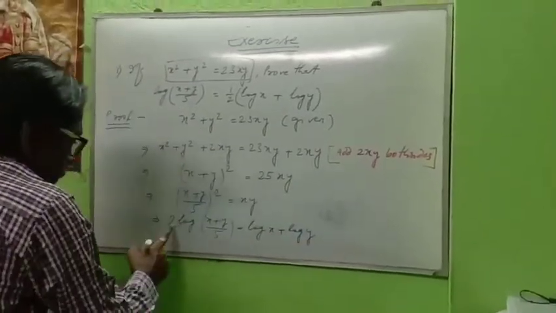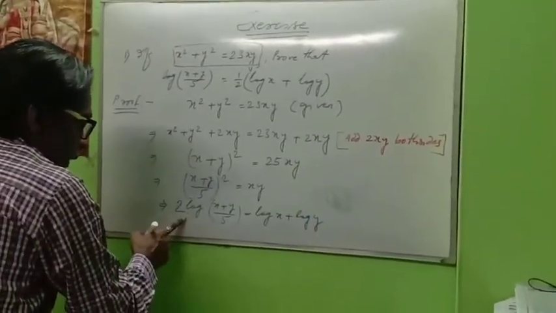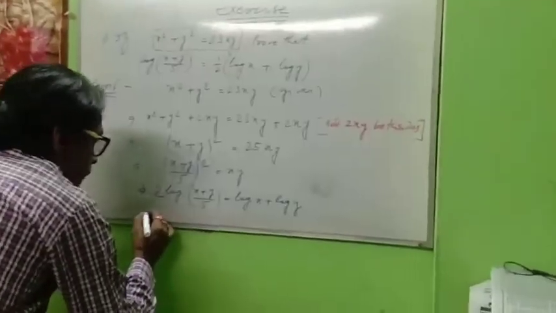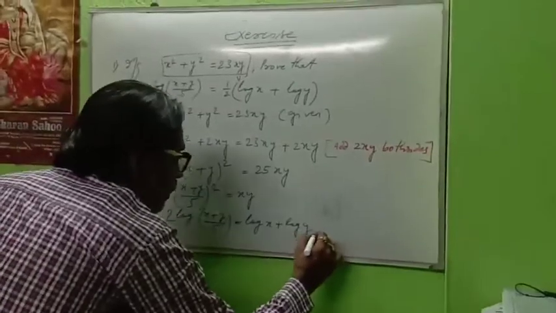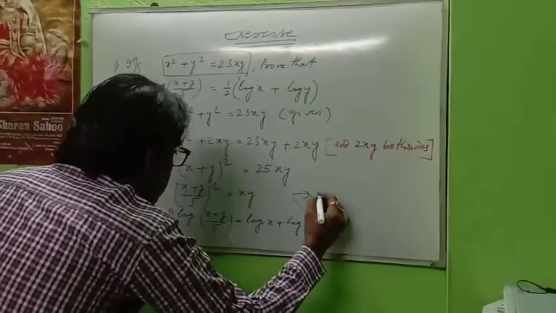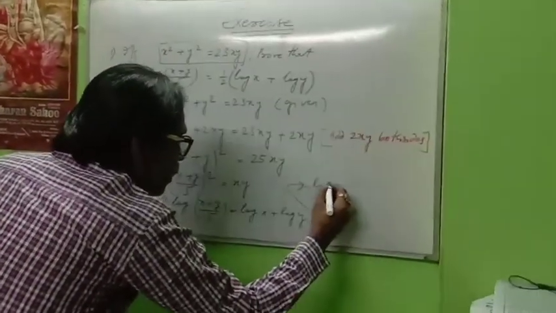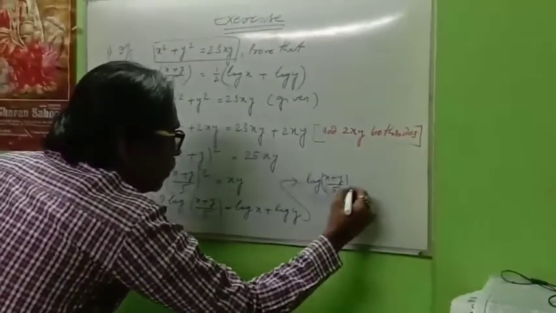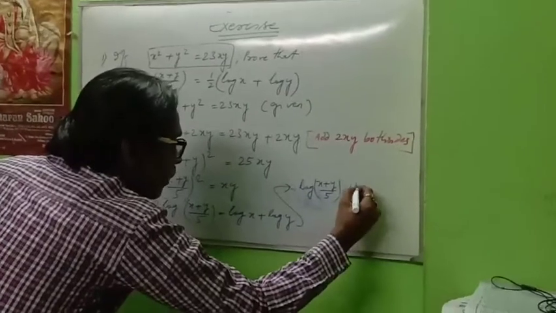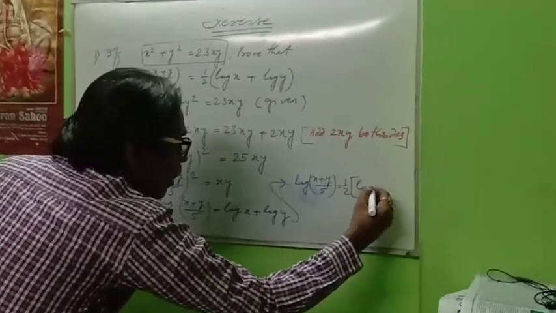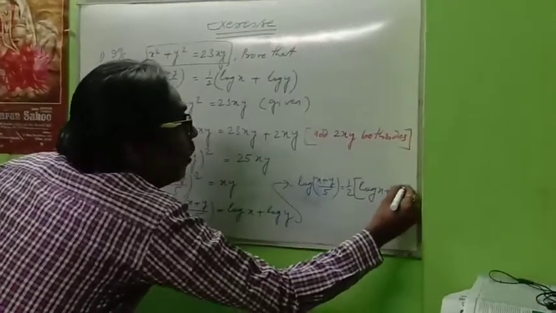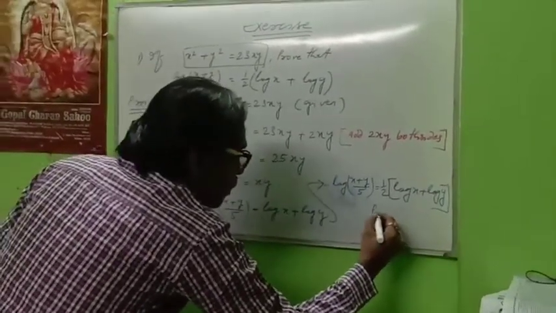Now this 2 will be multiplied here. If it goes there, it will be divided. Therefore finally, log of x plus y by 5 is equal to 1 by 2 into log x plus log y. It is proved.